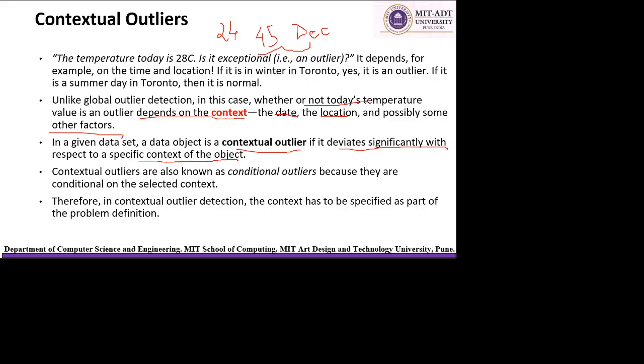You can define the contextual outlier like this. It is also known as a conditional outlier because it depends upon some conditions selected over the context. So in the contextual outlier, the context has to be specified as part of the problem definition.